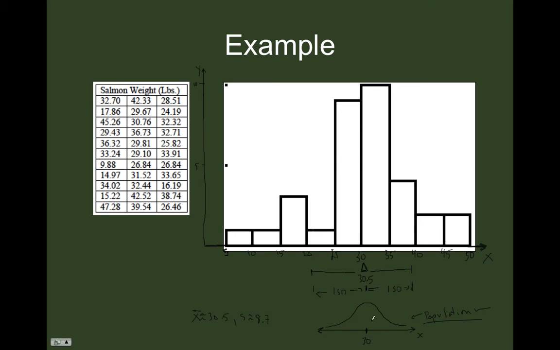I've got to assume it. But the cool thing about this particular data set is I sampled it using the calculator, and I told the calculator what the mean and the standard deviation was. And the mean and the standard deviation that I used to generate the data set was a mean of 30 and a standard deviation of 10.